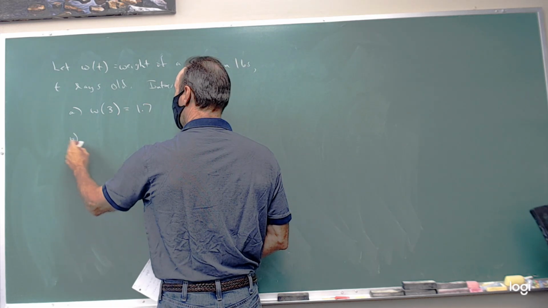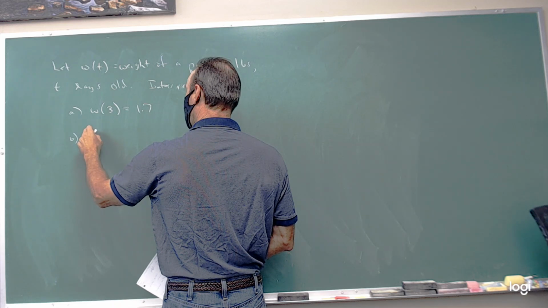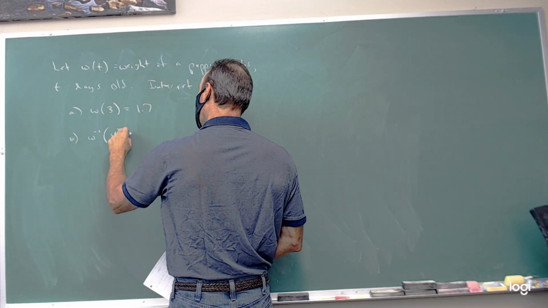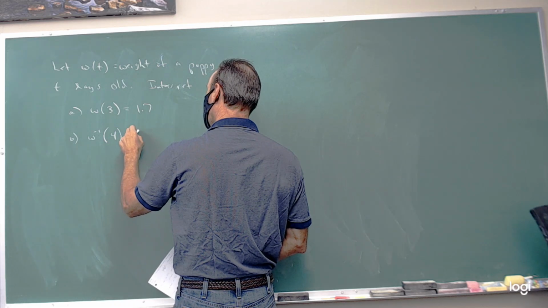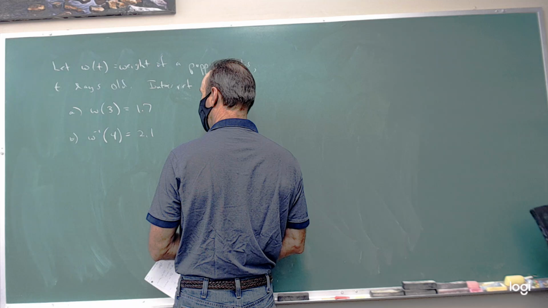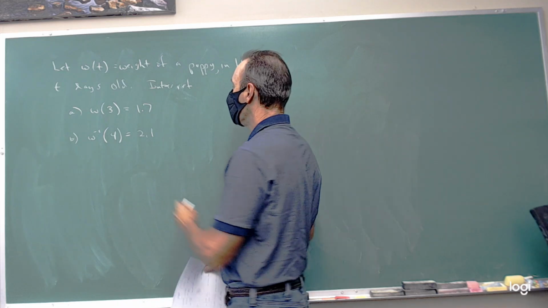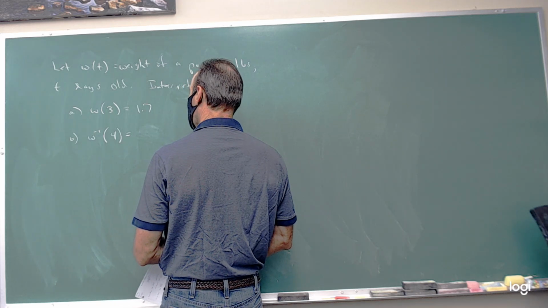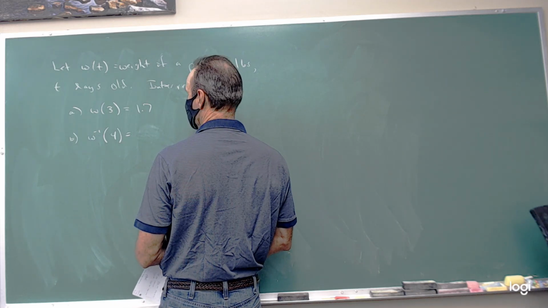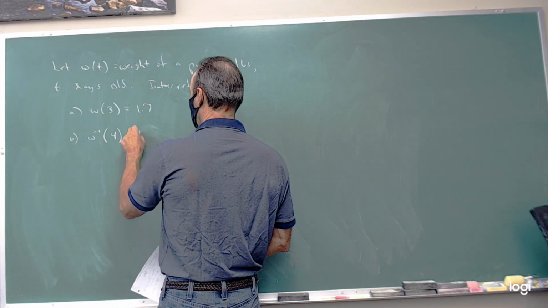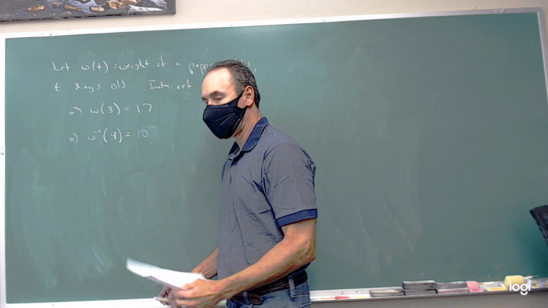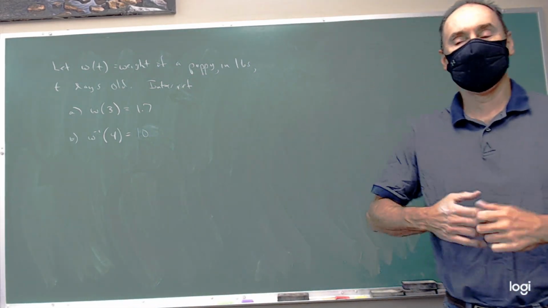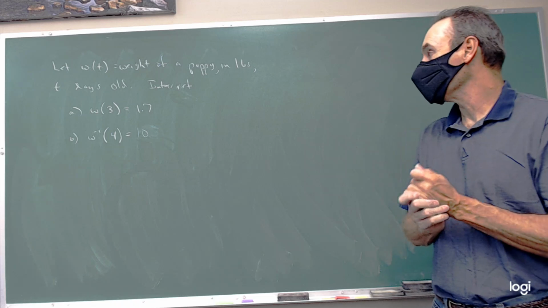And then what does it mean if we say w inverse of 4 is equal to 10? I have no idea. I'm making up puppy facts here, so I wouldn't put any validity to this.